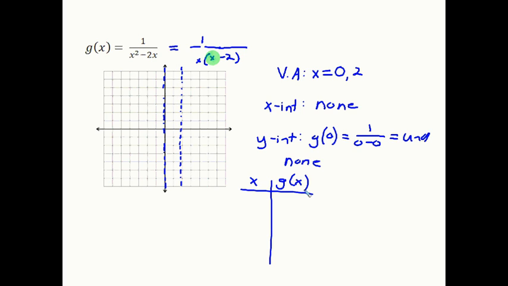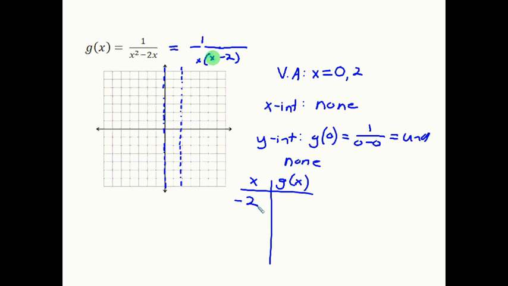I'm going to plug in some points, maybe 1 or 2 over on the left here to see what's going on. Then I'll plug in a point in between these two asymptotes, and then plug in some points to the right. So let's plug in negative 2.